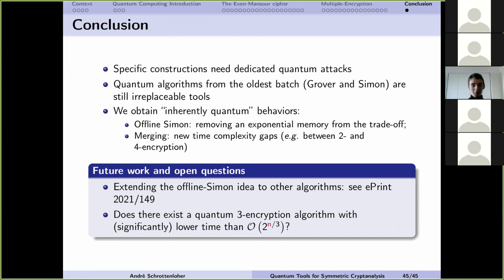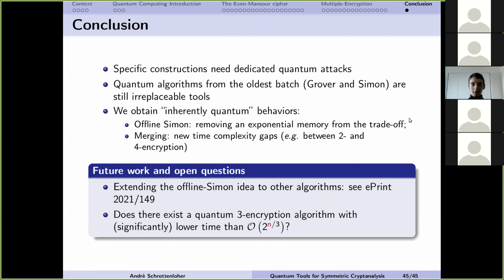We end up using all the quantum algorithms that are already well known, like Grover's algorithm, Simon's algorithm, maybe a few more exotic tools like quantum walks, but they're still the best tools we have. And what happens is that there are behaviors that maybe you wouldn't have expected from a purely classical point of view.